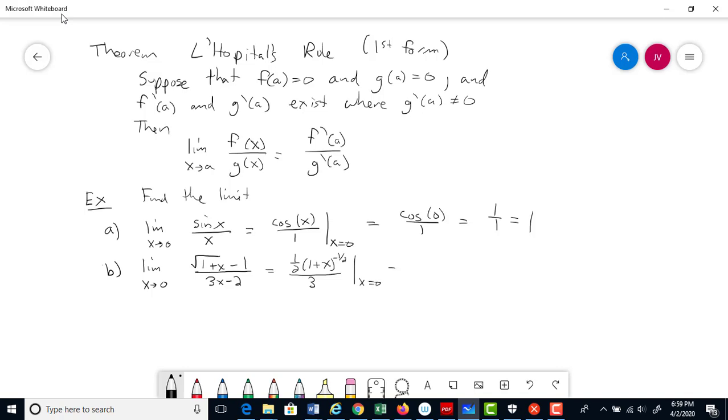Well, before I plug in x equals 0, I'd like to simplify this. So this square root is supposed to be on the bottom, and same thing with this 2. So this is going to be equal to 1 all over 6 times the square root of 1 plus x, evaluated at x equals 0. Plugging in 0, I'm going to have 1 all over 6 times the square root of 1 plus 0, so this is going to be 1/6.